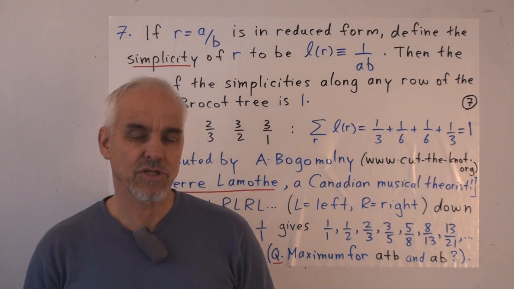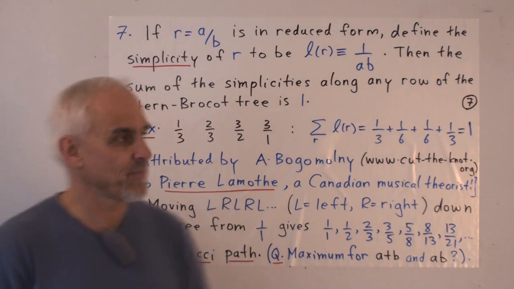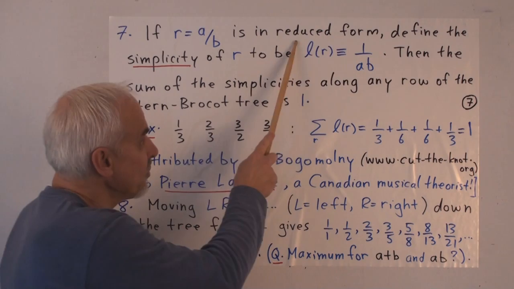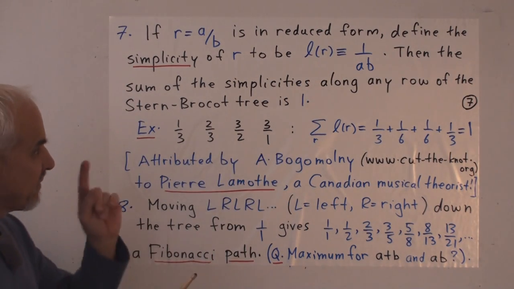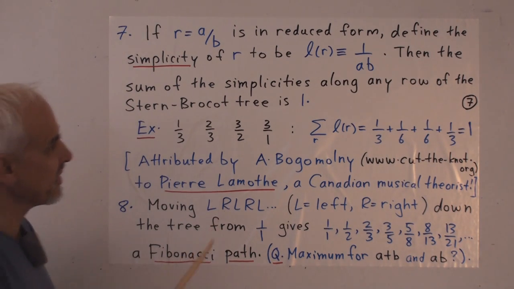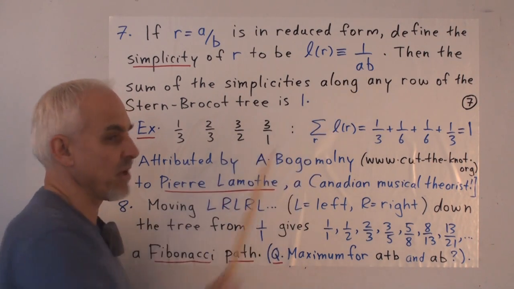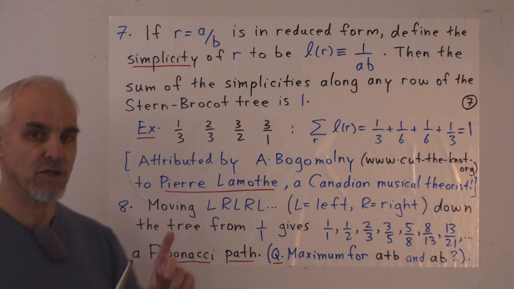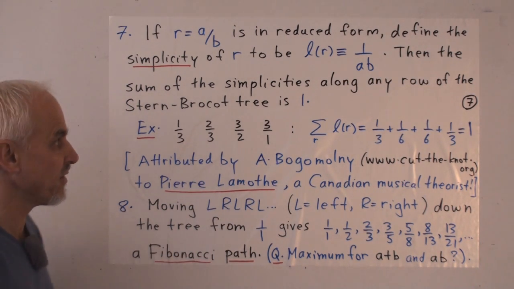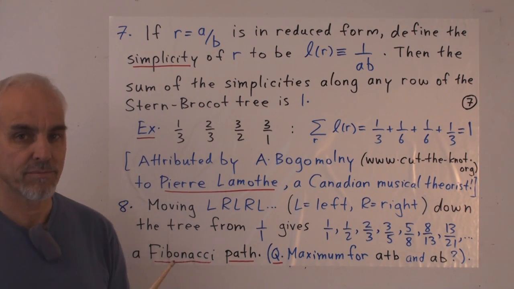Our next property concerns a certain notion of simplicity of a fraction. So suppose that r equals a over b is a fraction in reduced form. Let's define the simplicity of r to be the number L of r, which is 1 over a times b. So we take the product of the numerator and the denominator, we take the reciprocal of that, and we call that the simplicity of the rational number.